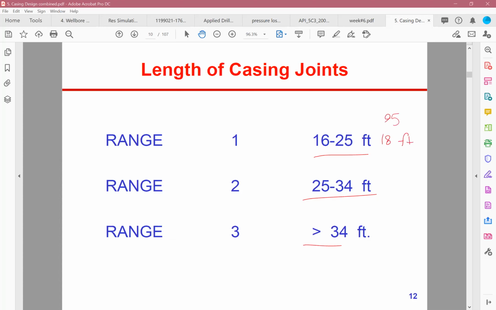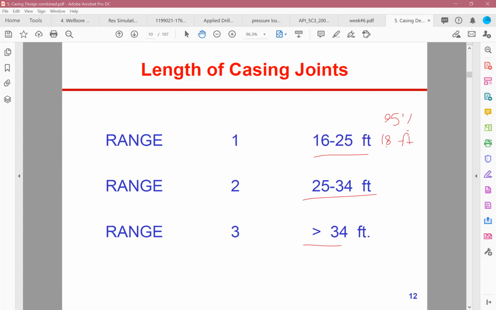That's how they, so not all the casings have exactly the same size as the companies manufacture them. So there is some variation in lengths, but when they give it to you, they will tell you that, okay, based on whatever casing that we give you, this is a range 1, and 95% of our casings have a size of 18 feet or larger.